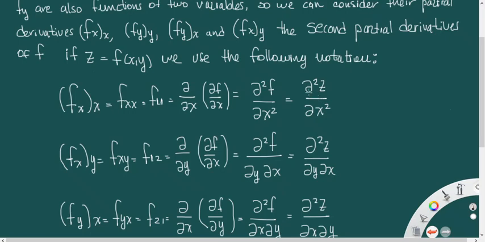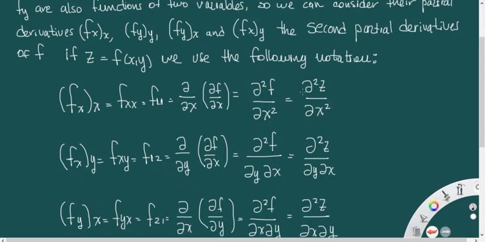They are just different ways to represent it, because you may have a textbook from Louis Leithold, from James Stewart, from Ron Larson, and all these authors represent the partial derivatives in different ways.